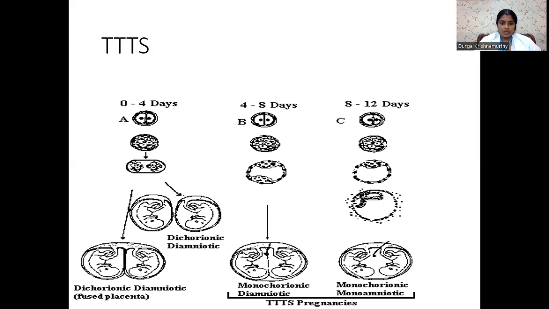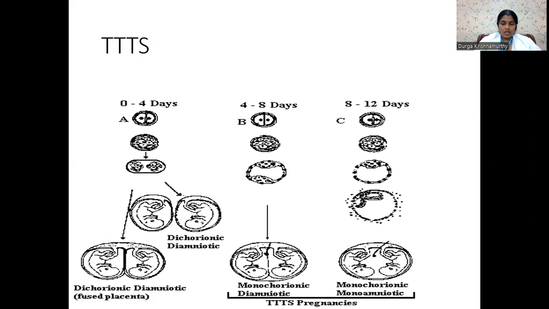Now, this is a picture which will explain how dichorionic diamniotic twins, monochorionic diamniotic and monochorionic monoamniotic twins occur.